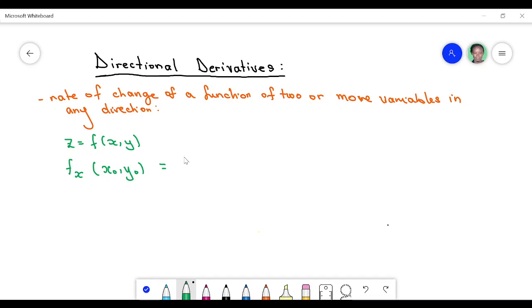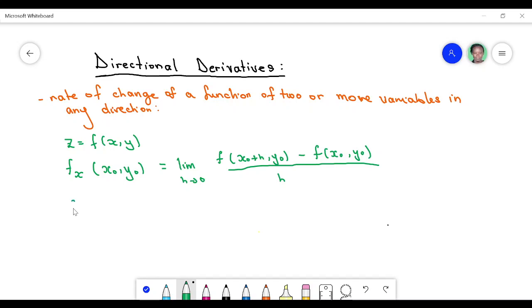It was equal to the limit as h approaches 0 of f of x naught plus h, y naught, minus f, the function itself, divided by h.